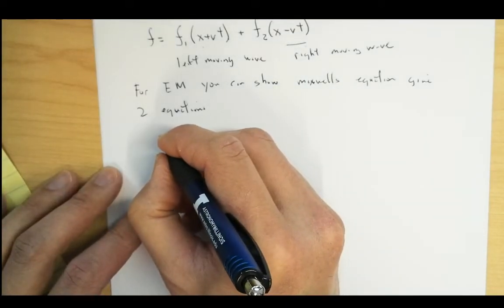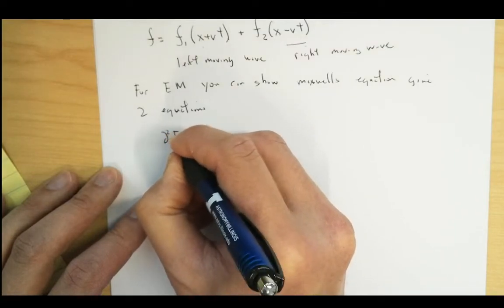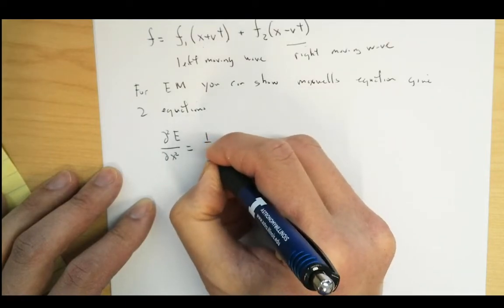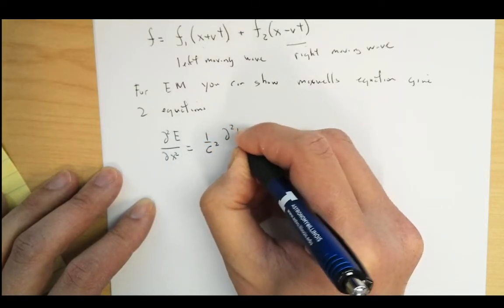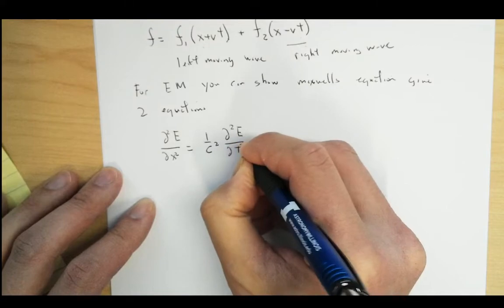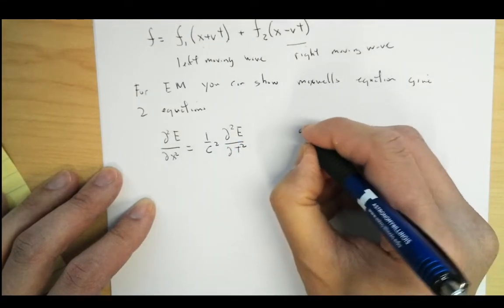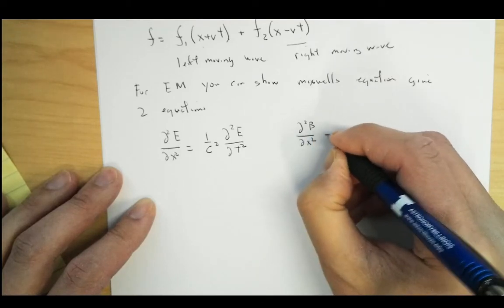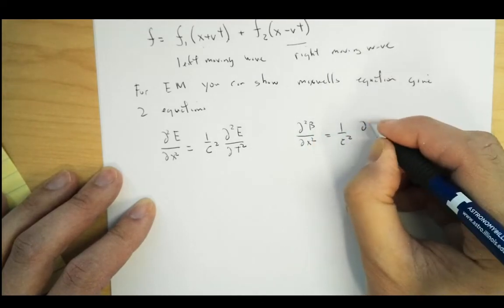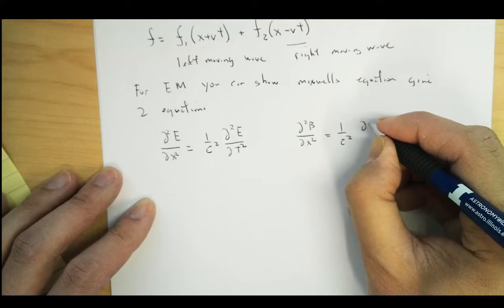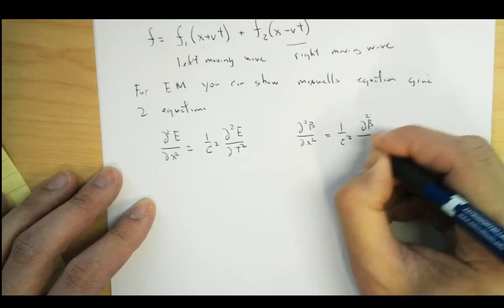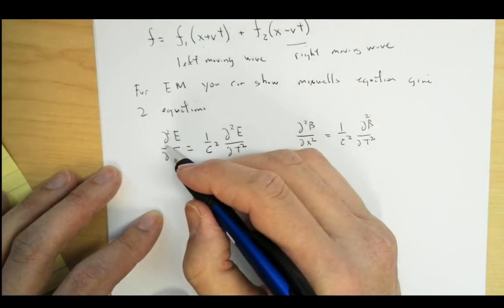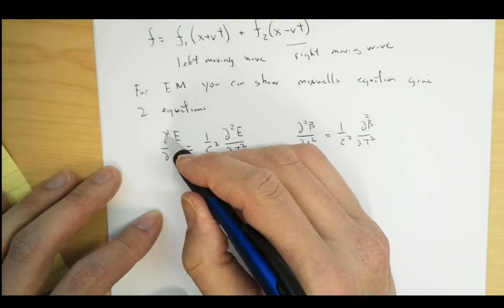The second partial derivative of E with respect to x is equal to 1 over c squared times the second partial derivative of E with respect to t, and the second partial derivative of B with respect to x is equal to 1 over c squared times the second partial derivative of B with respect to t.